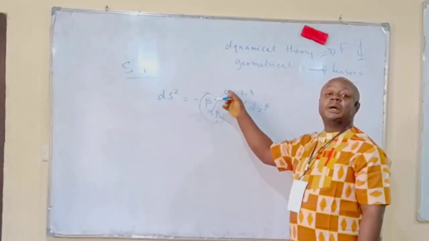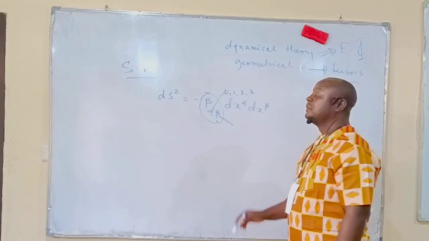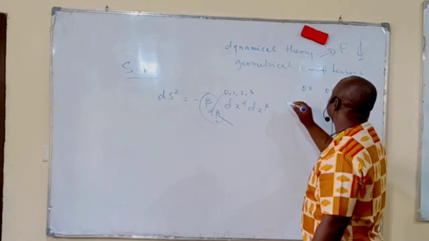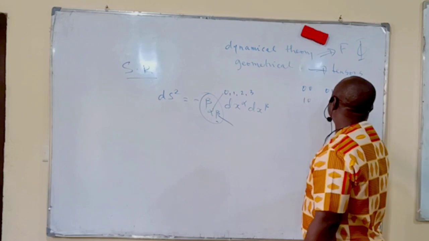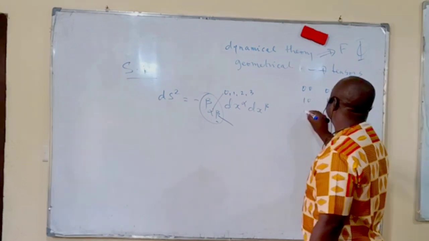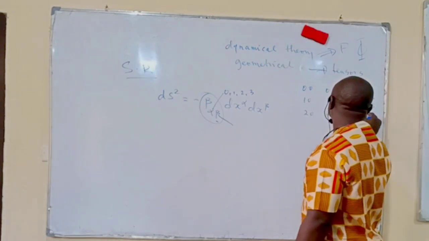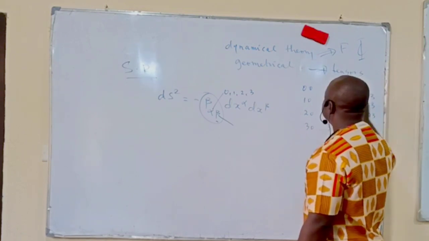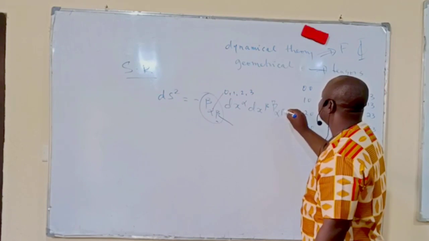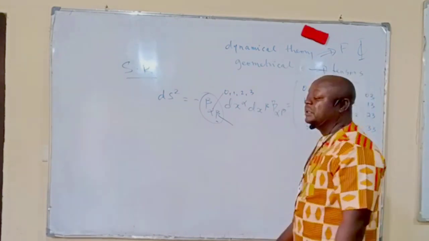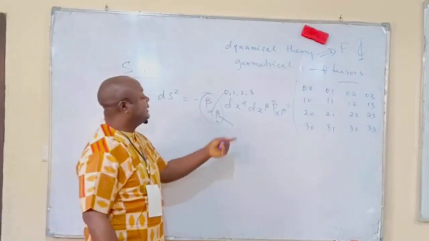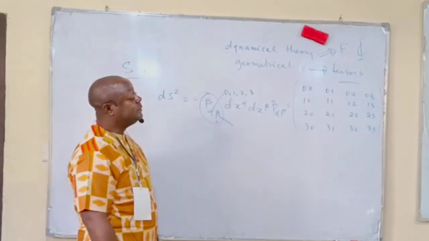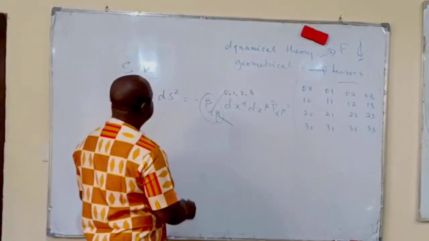So if you permute these two, you are going to get 16 components: 0 0, 0 1, 0 2, 0 3, 1 0, 1 1, 1 2, 1 3, 2 0, 2 1, 2 2, 2 3, 3 0, 3 1, 3 2, 3 3. So in essence, this has 16 components.